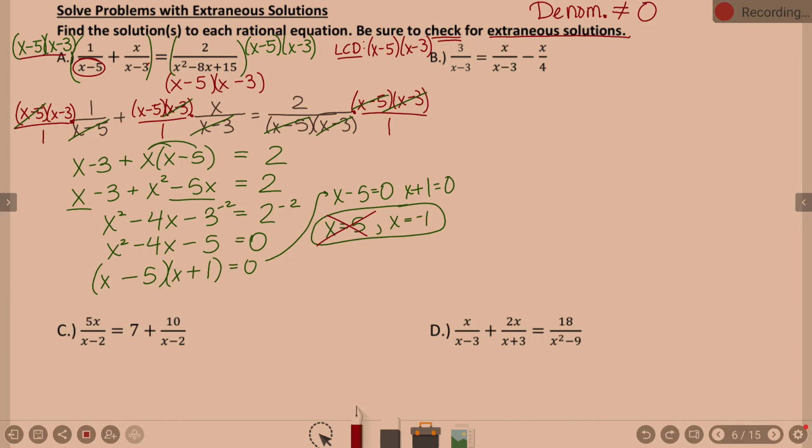But 5 is the one we got, so 5 is what we would call an extraneous solution. But negative 1 does work. 5 you wouldn't even enter in Savas. It's not a solution, okay? Unless Savas says, what was your extraneous solution, or did you have an extraneous solution? That's the only way you would enter it. Okay? So your solution is negative 1.